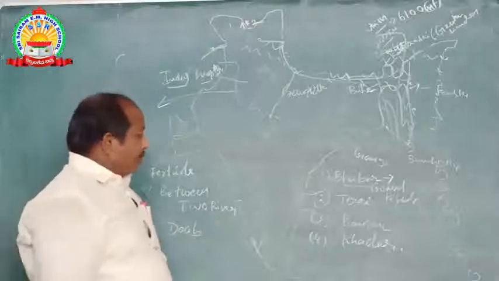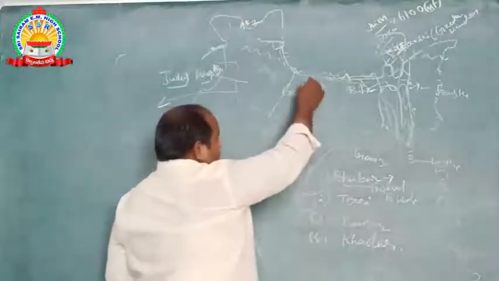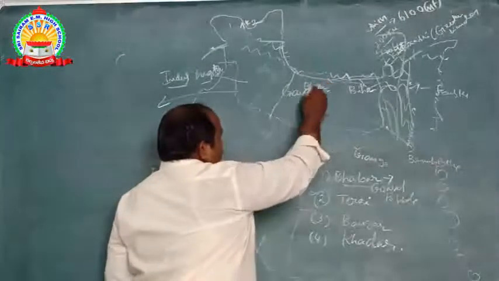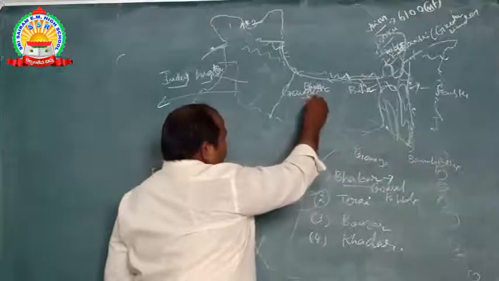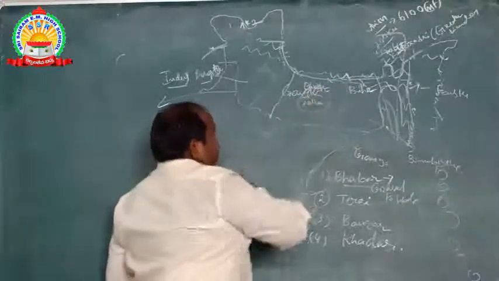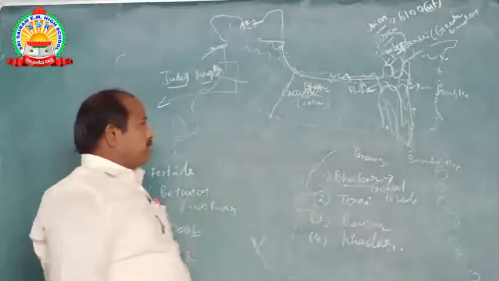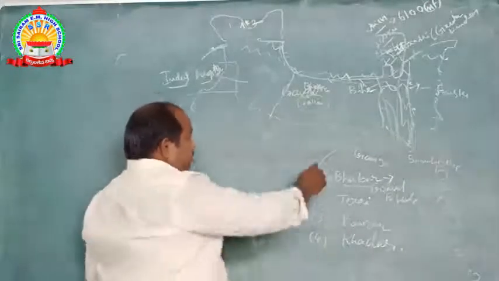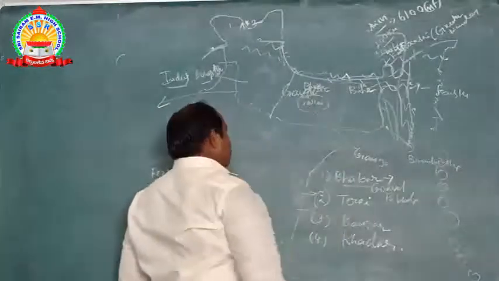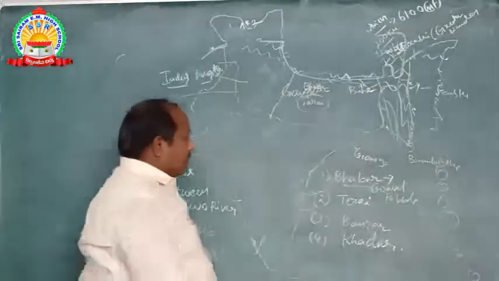Let us discuss another one. South of the Babar is the Terai. This is a marshy and swampy region, a very wet region.